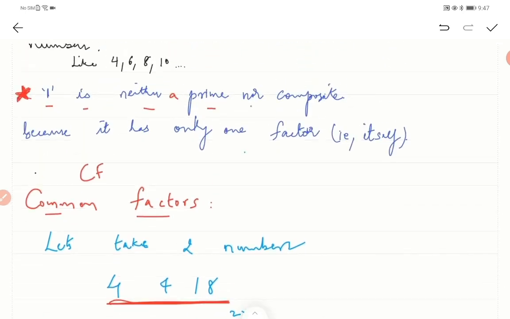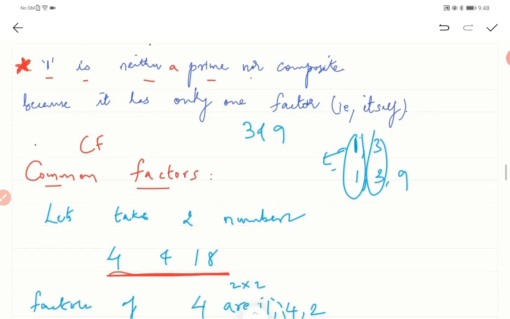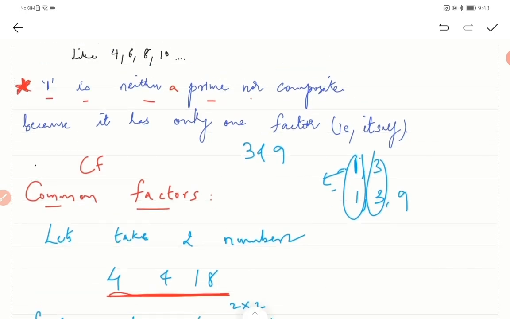Common factors between 3 and 9: factors of 3 were 1 and 3, factors of 9 were 1, 3 and 9, so 1 and 3 were the common factors. So 1 will be a common factor between any two numbers. That is going to come anyhow.